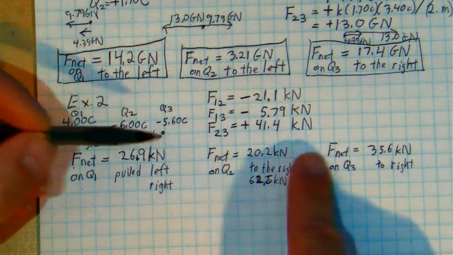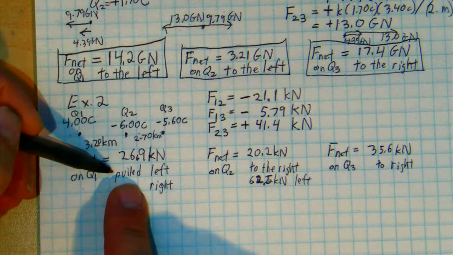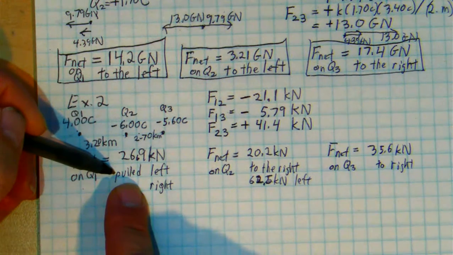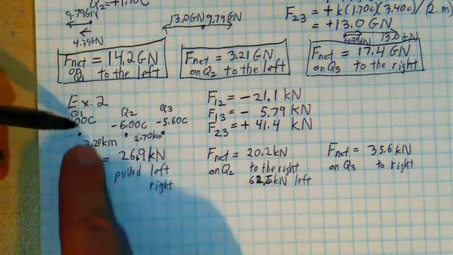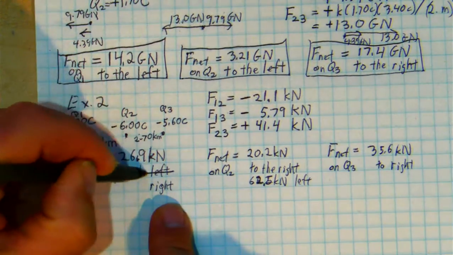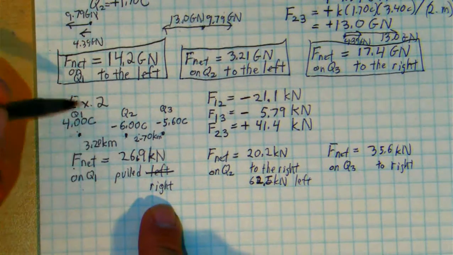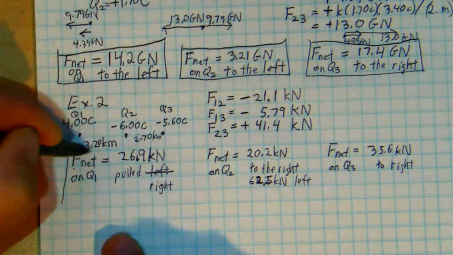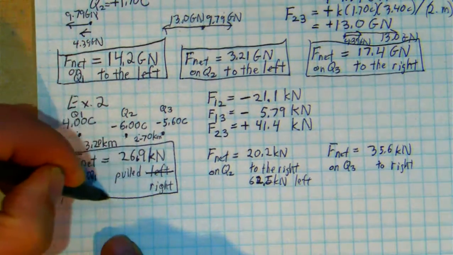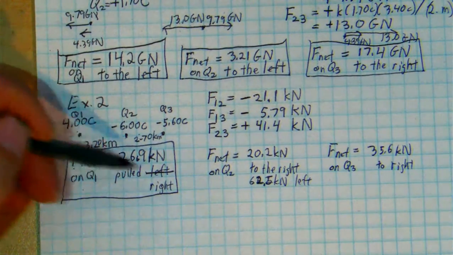It is an attractive force, so I'm fine with saying that it's being pulled. Both Q2 and Q3 are to the right of Q1, so it is pulling Q1 to the right. The net force on Q1 is 26.9 kilonewtons to the right.